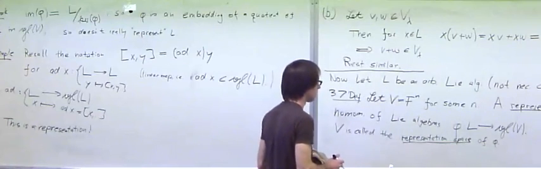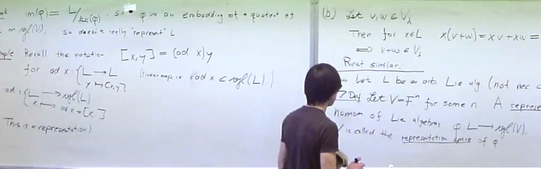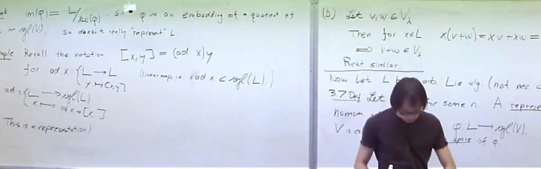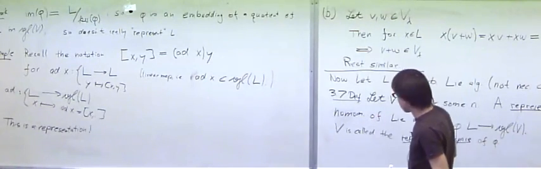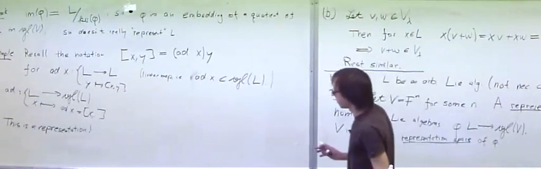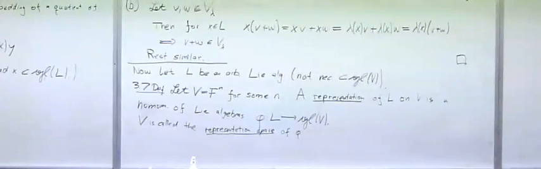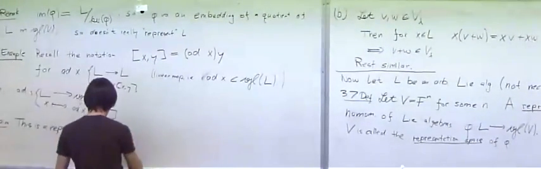Maybe I want to recall the definition. So it's a representation, and I have to show that it fulfills this definition. Also, this representation has its own name because it's particularly important.